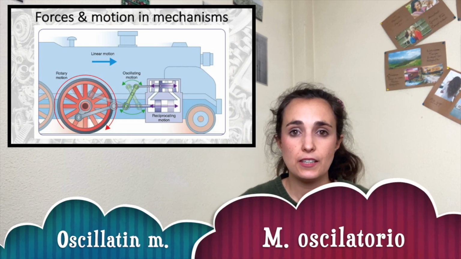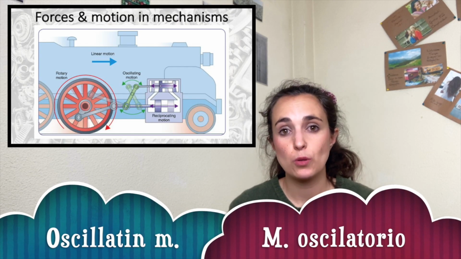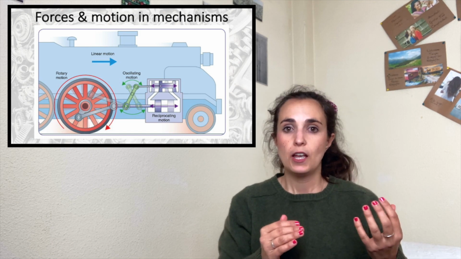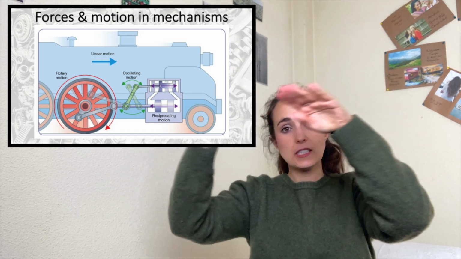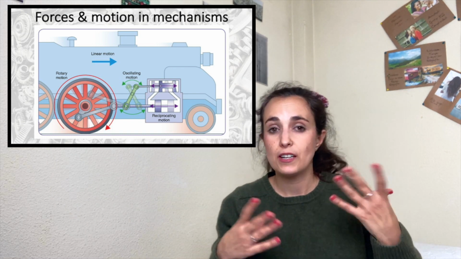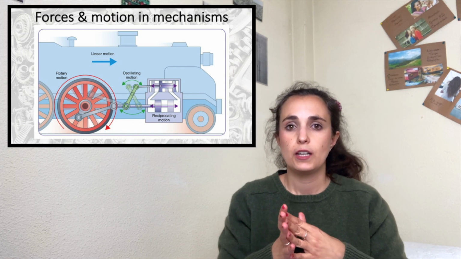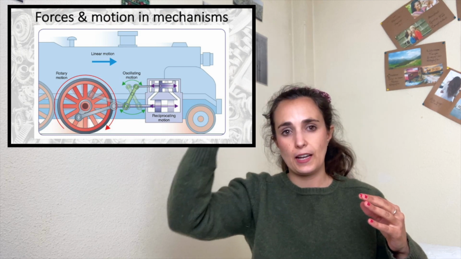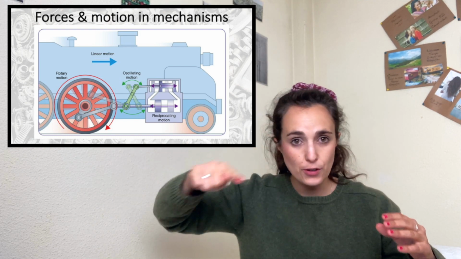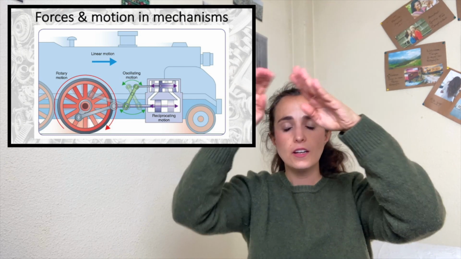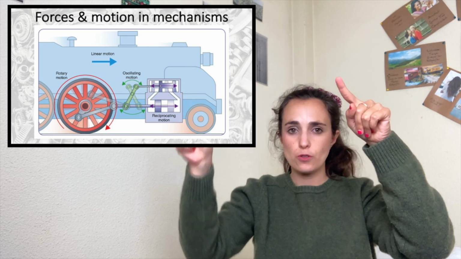Then we have oscillating motion. It's similar to the reciprocating motion, but instead of using the same direction and moving in different senses, it's a mix between rotary and reciprocating motion. So it moves in a rotary way, but it is not a full circle, it's just like one arc, and it goes from one point to the other point, one point to the other point.